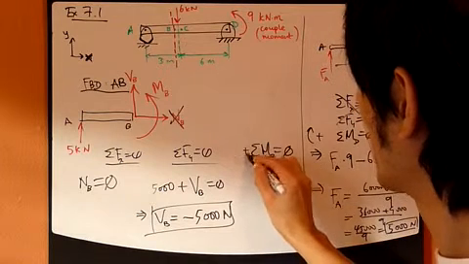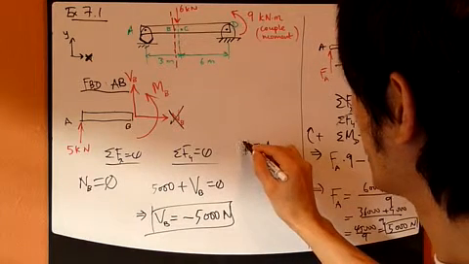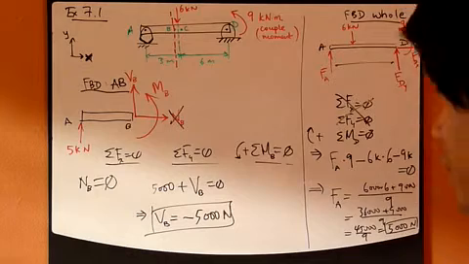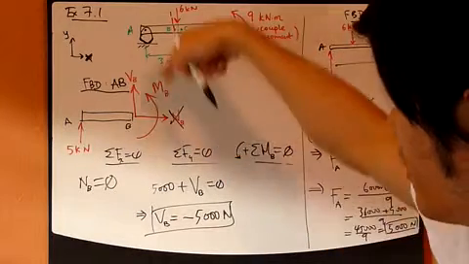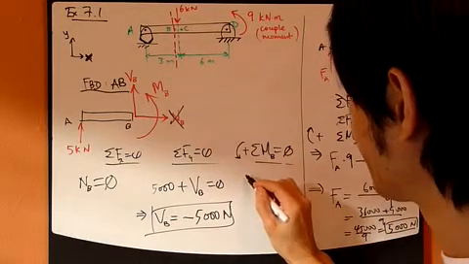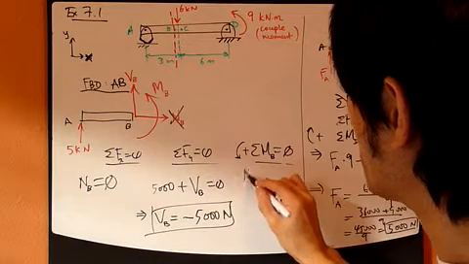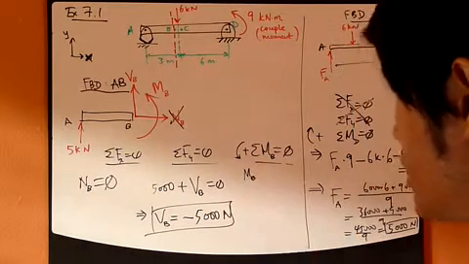So let's say I'm going to do counterclockwise positive, since I assume this MB to be in the counterclockwise direction. So I have MB positive.